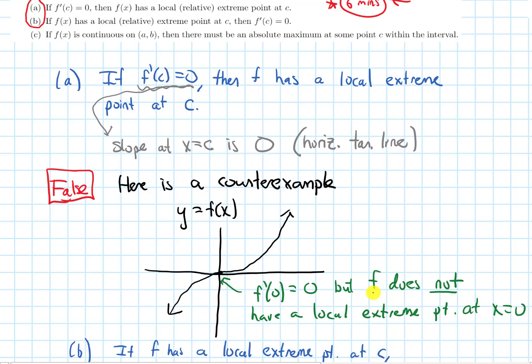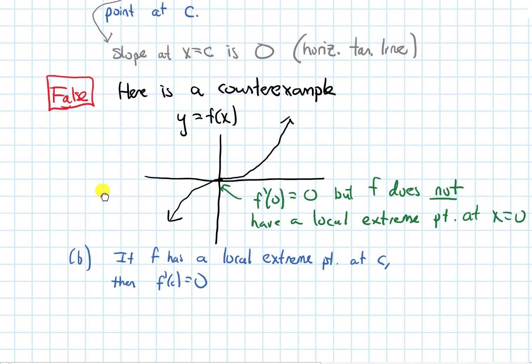So this shows that this statement is false. Okay, and it turns out if I wanted to give an example that was a formula, this picture actually gives me an idea for what that formula should be. If I were to take the x cubed graph, that looks essentially exactly like this, and that would be a counterexample. All right, let's move on to part B.